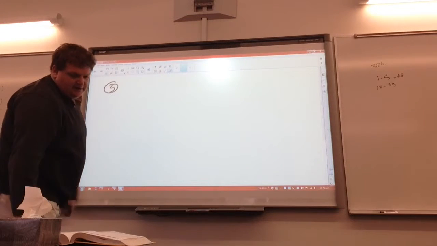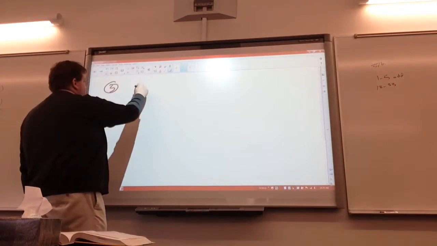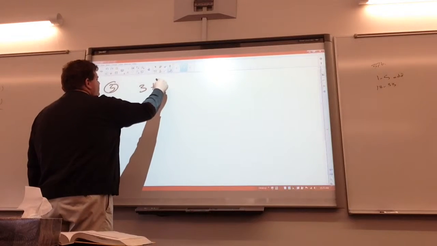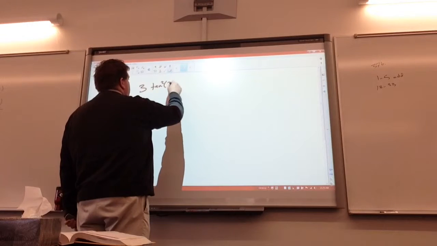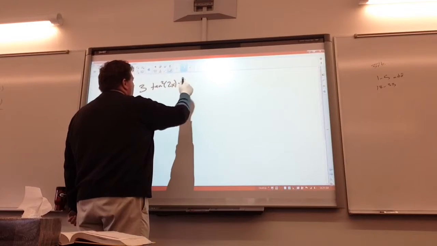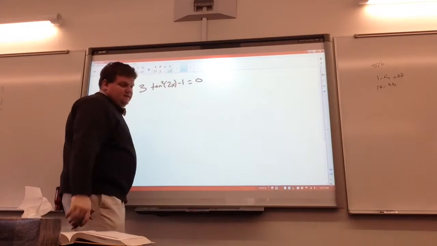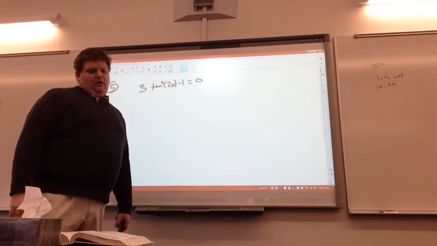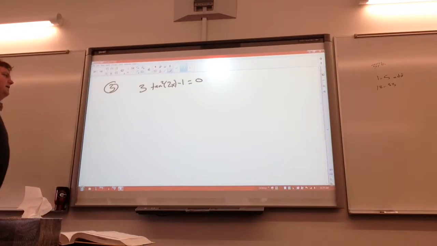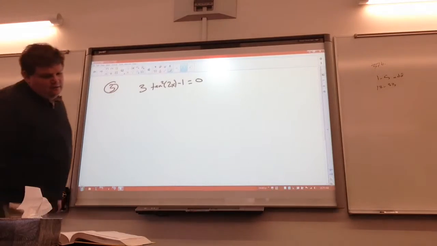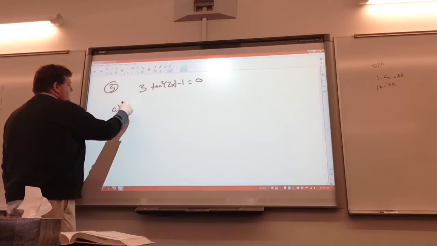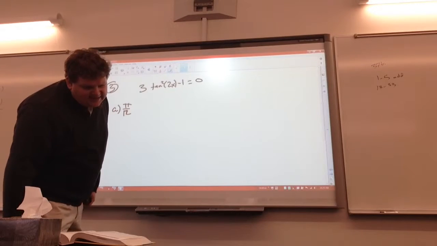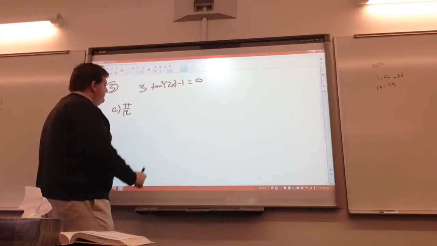For number 3 here, we've got 3 tangent squared of 2x minus 1 is equal to 0. Oh boy, that's a lot going on there. We're going to evaluate this at pi over 12 and at 5 pi over 12.